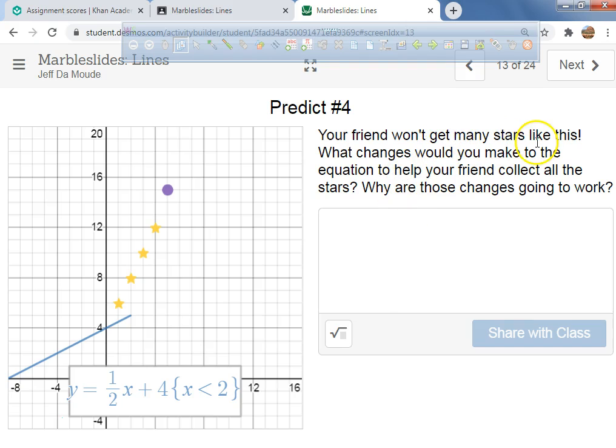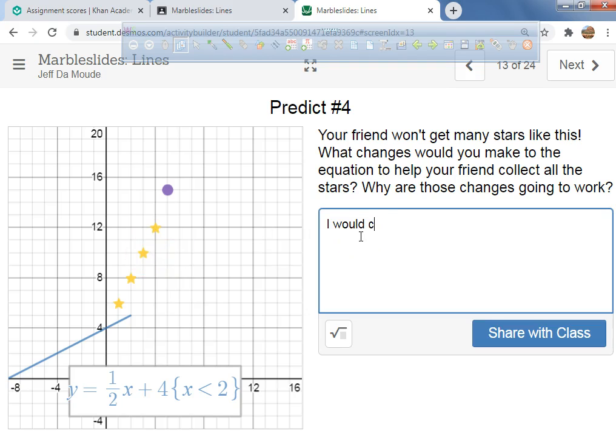Your friend won't get as many stars like this. What changes would you make in the equation to help your friend collect all the stars? Well, I would change the slope to a positive 2.